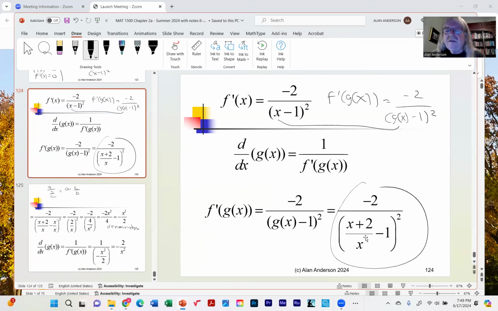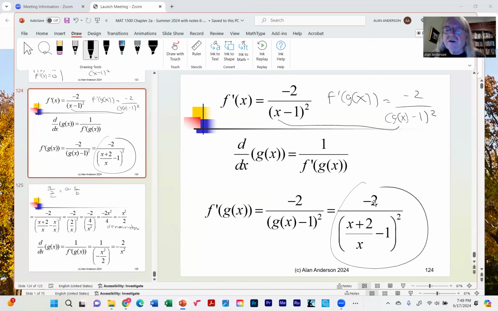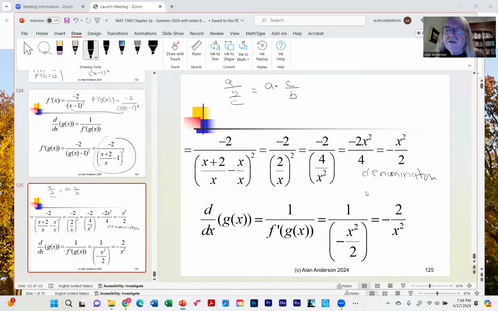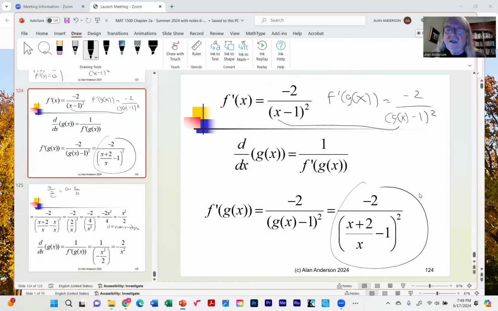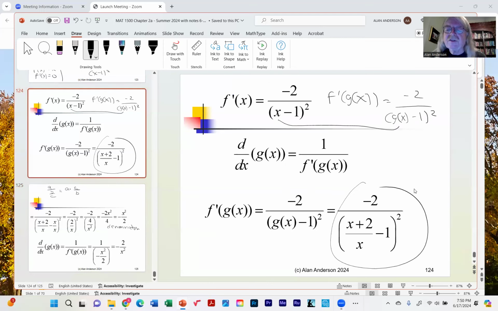So we just determined by doing some consolidation of these terms, the denominator of this derivative is negative x squared over 2. The numerator, oh, there's a typo here, isn't there? Well, actually, no, there isn't. It's 1 over. Sorry, I thought there was a typo for a second.